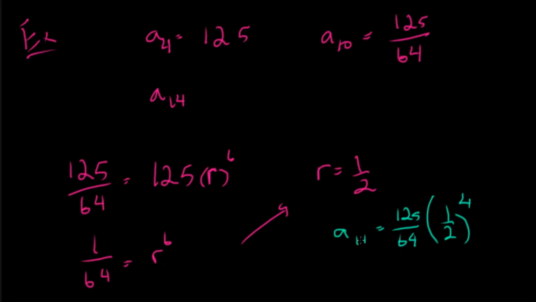So that is going to be 125 over 64 times 1/2 to the 4. 1/2 to the 4 is 1/16. And 1/16 times 125 over 64, that's 125 over 1024. So there's our 14th term.